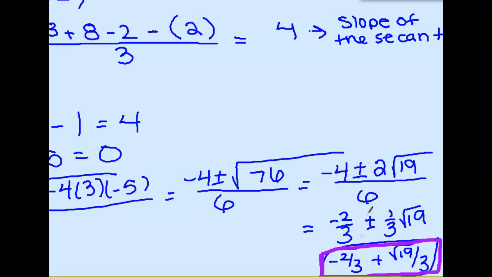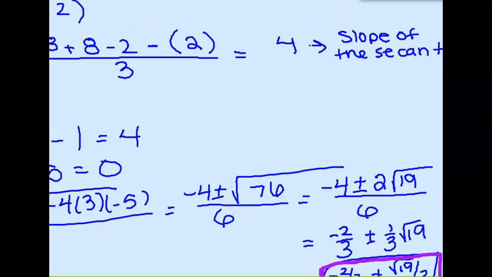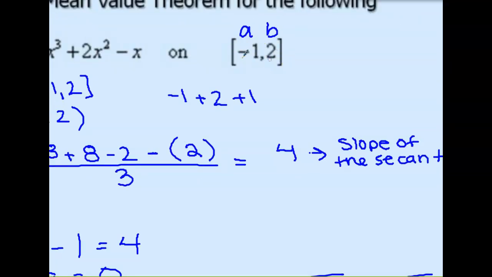So you have to eliminate the negative for your final answer. Oh, there you go. So it is only the positive because the negative does not exist in that closed interval. The negative would be outside that interval.